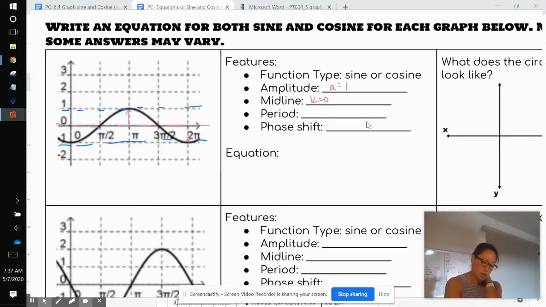The period, so I'm going to look low point to low point. It takes me 2 pi on the x-axis to graph my 1 full cycle. So the period is 2 pi, but the value I actually need is the B value.